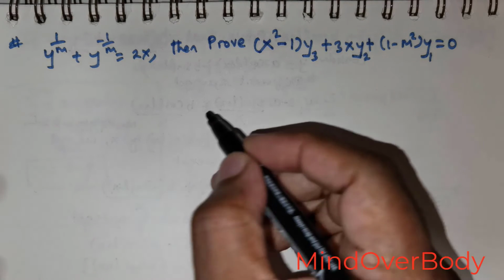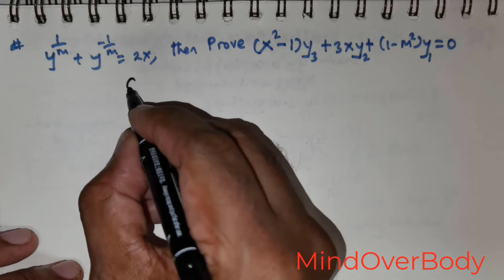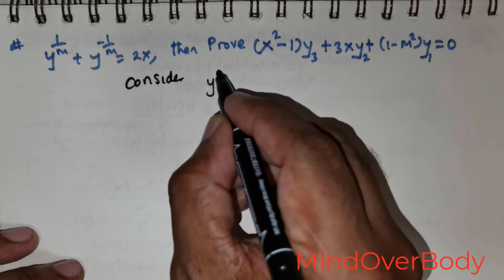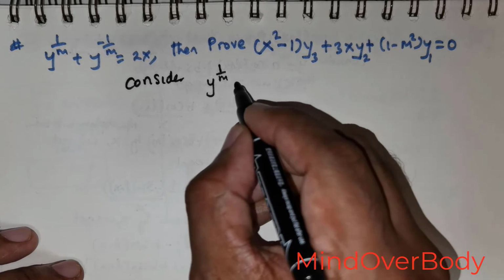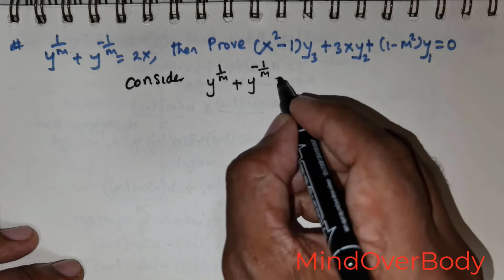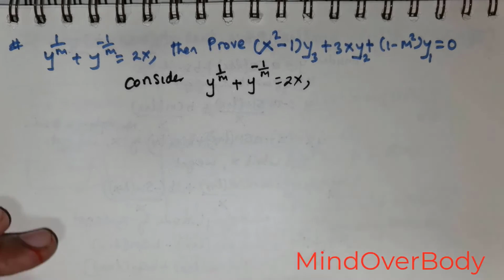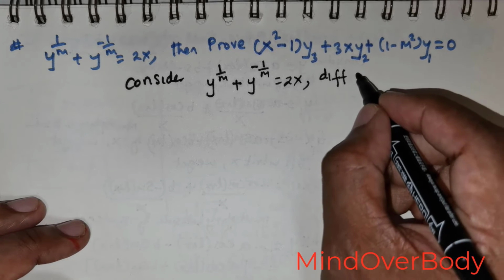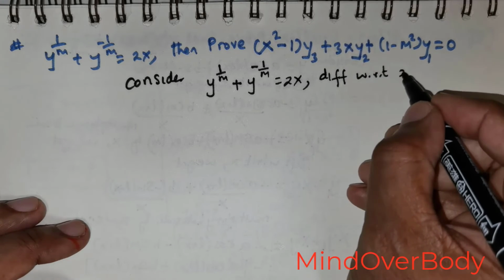So foremost, what we will do is we will start off by considering y raised to the power of 1 over m positive y raised to the power of negative 1 over m is equal to 2x. Next, we would be differentiating with respect to x.